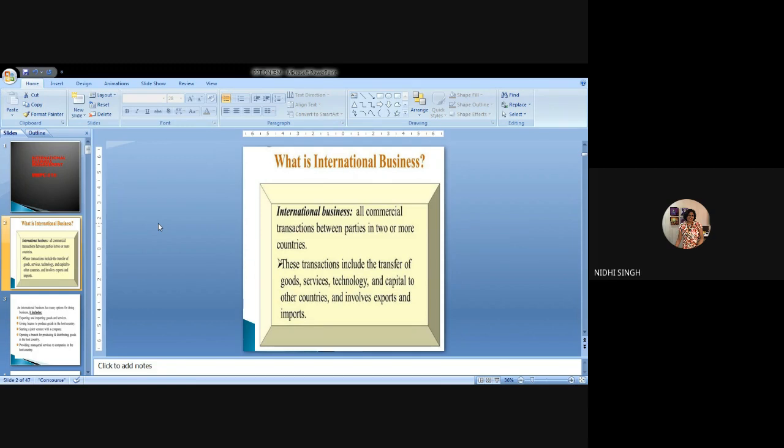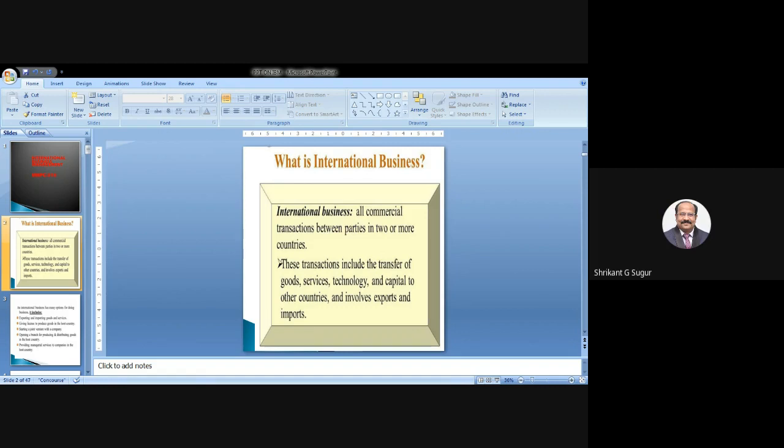You must have read business environment. Geographical boundaries and political boundaries are 2 different things. Are you familiar with this term? What is geographical boundary and what is political boundary? Can anyone tell?